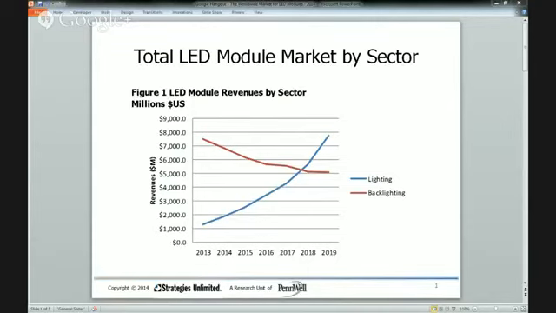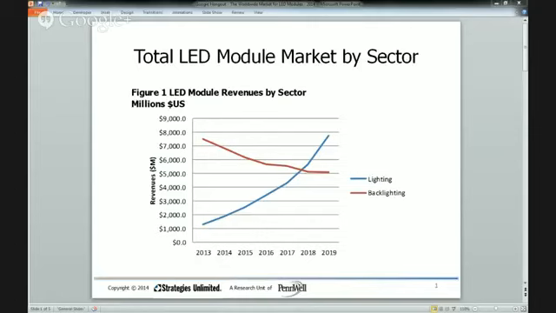Just to give you an explanation of the method of analysis that was used in coming up with these numbers, we built the market in really 2 ways. Looking at it from the bottom up, so data gathered by interviewing manufacturers on their LED module revenue and sales approach. And then from the top down, so detailed models looking at total shipments of the end application.